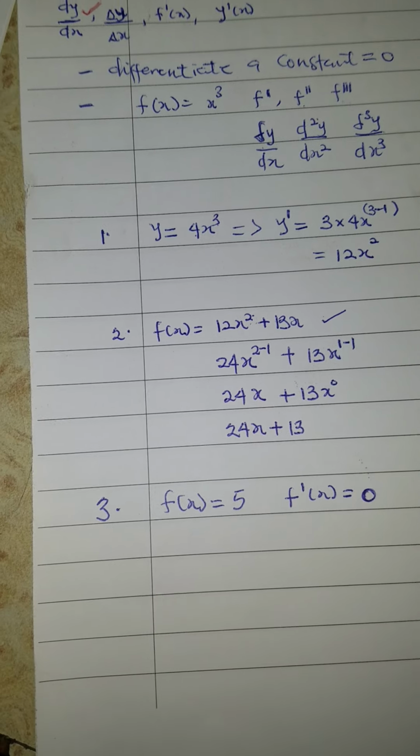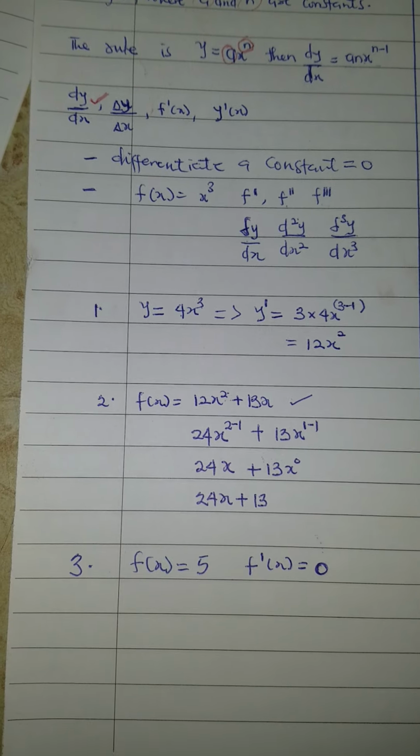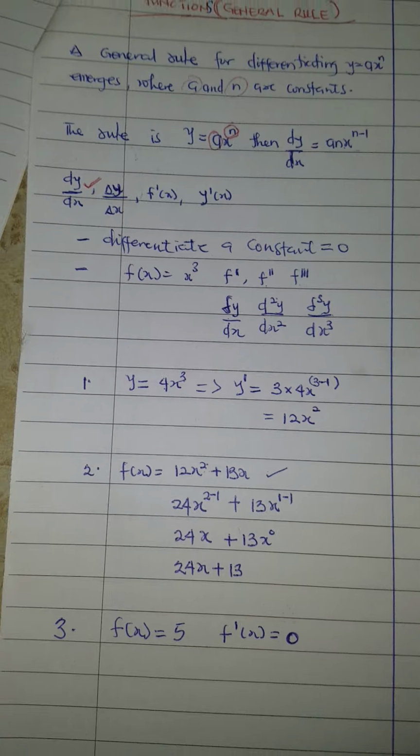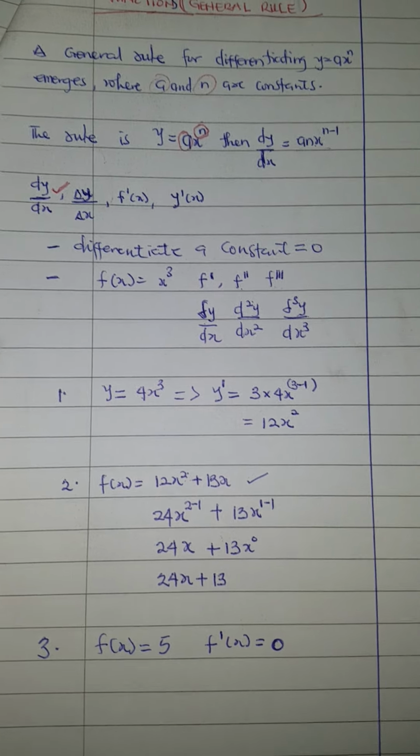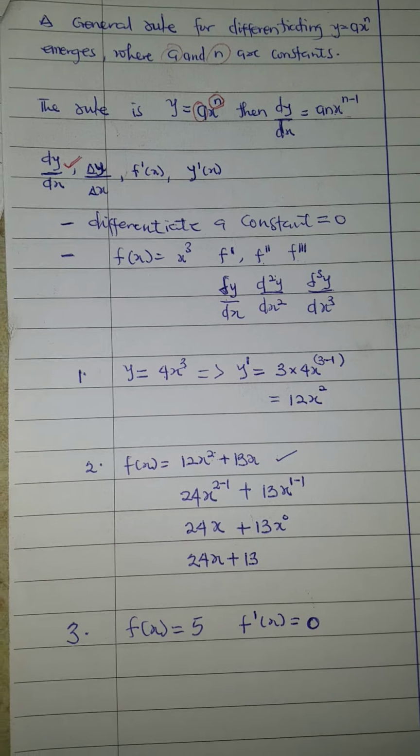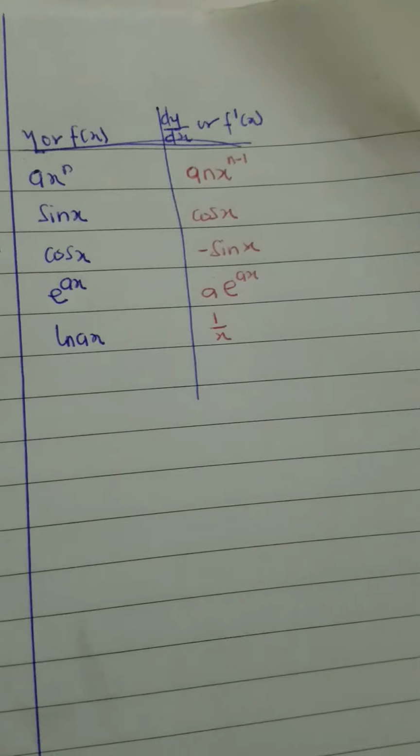Anytime you differentiate a constant, it doesn't matter how huge or small the constant is, you should get 0.